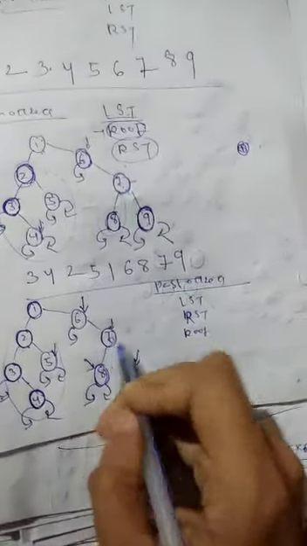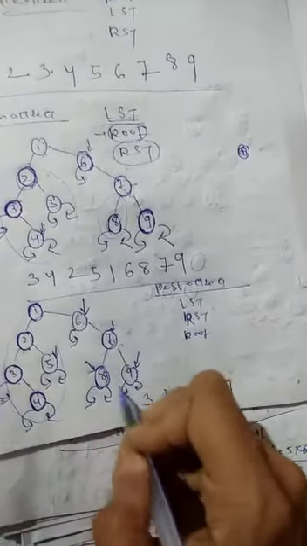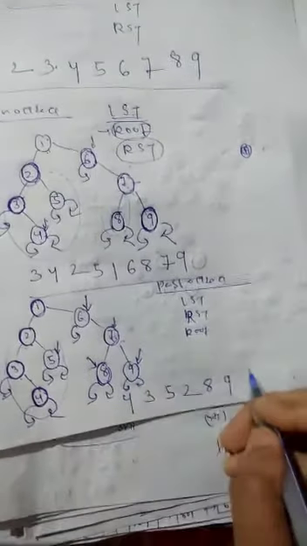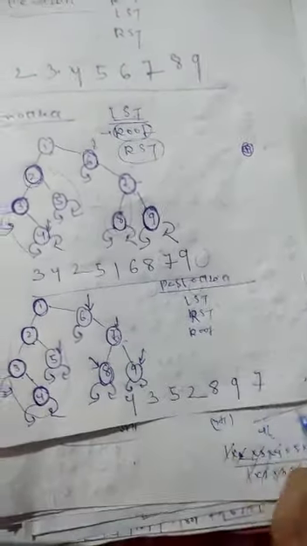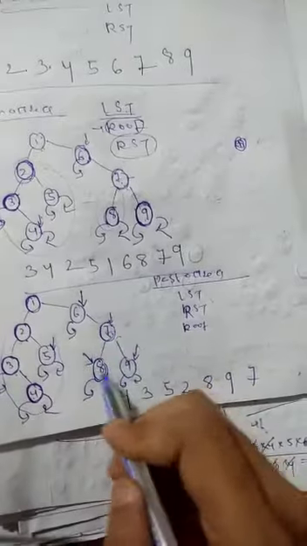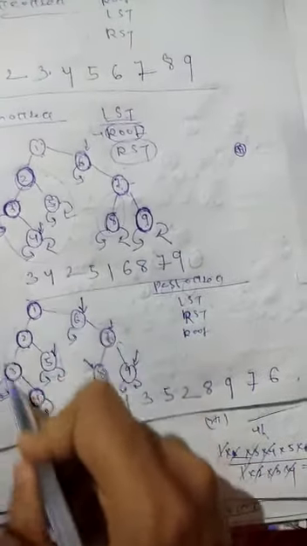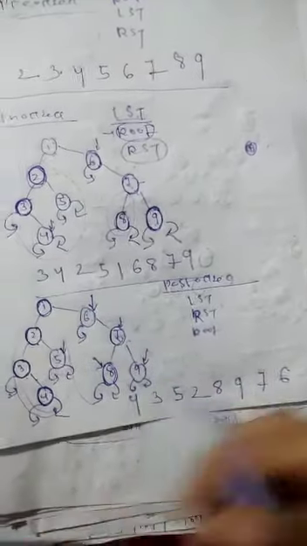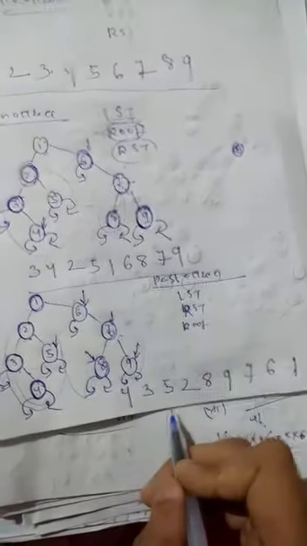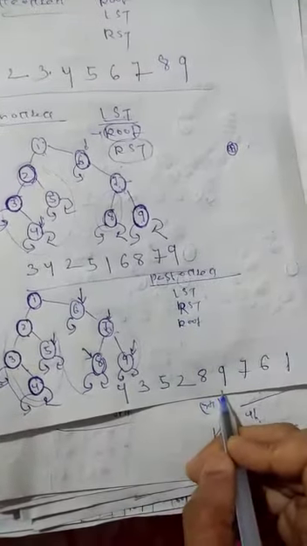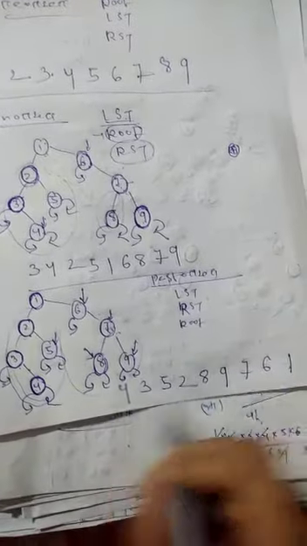Okay, for 7, the left subtree is completed, the right subtree is completed, then print it. For 6, the left subtree is completed, the right subtree is completed, then print it. Okay, then return to 1, the left subtree is completed, the right subtree is completed, then print it. Okay, so this is your 4, 3, 5, 2, 8, 9, 7, 6, 1. This is the post order traversal.